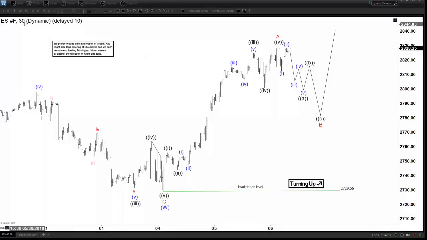This is a 30-minute chart of the S&P futures, and we can see right here that since this rally happened, especially during Mr. Jerome Powell's speech in Chicago, in which he mentioned the Fed is ready to change the monetary policy if necessary to sustain the economic expansion, right?